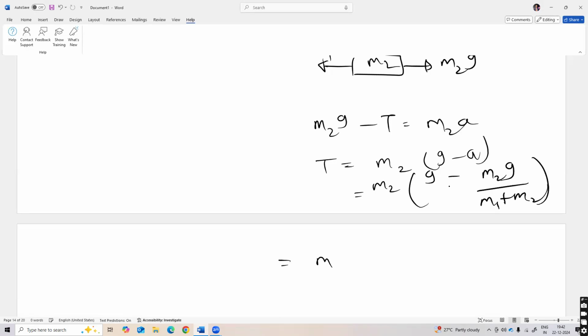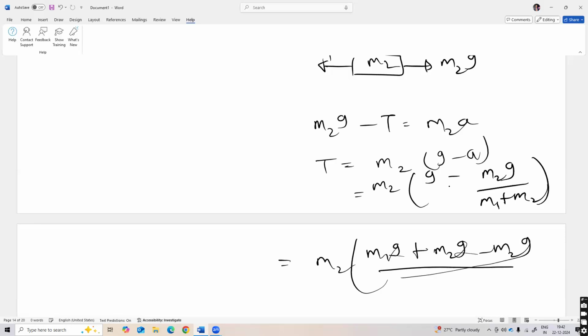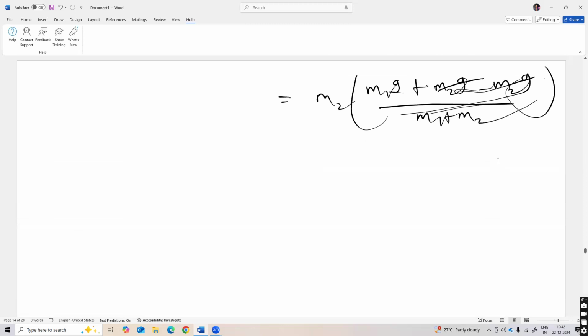Multiplying g by m1 plus m2 to make the denominator the same, the m2 squared g terms cancel with each other, and we get tension is equal to m1 m2g divided by m1 plus m2.